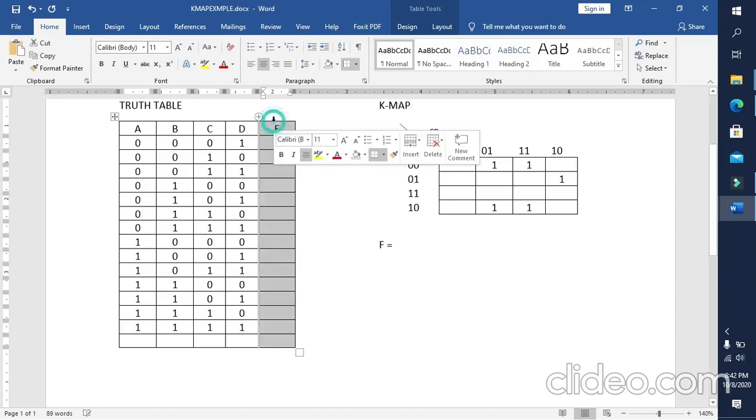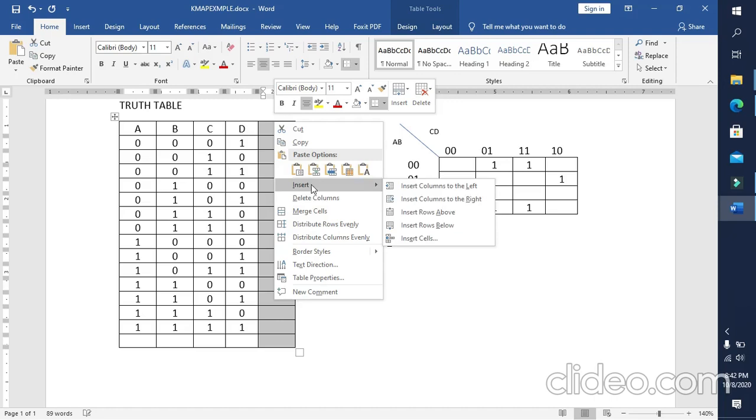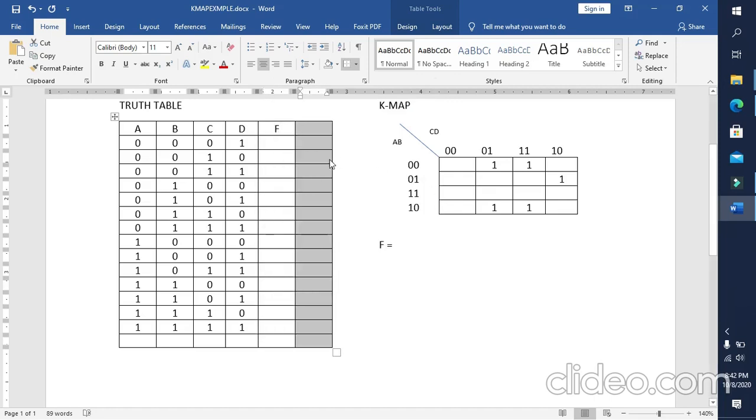Okay. I will add another column. The purpose of this column is just to determine what number I am representing with each row.